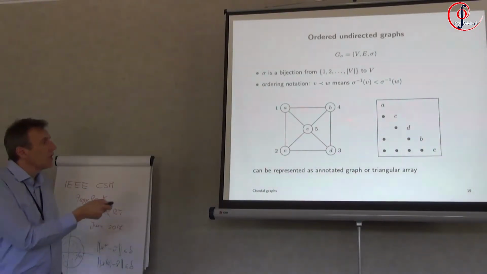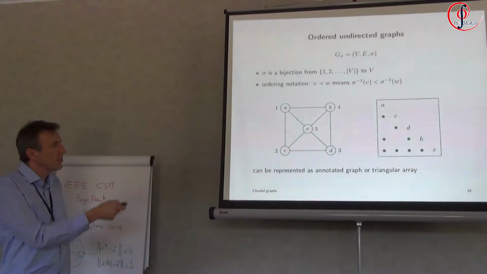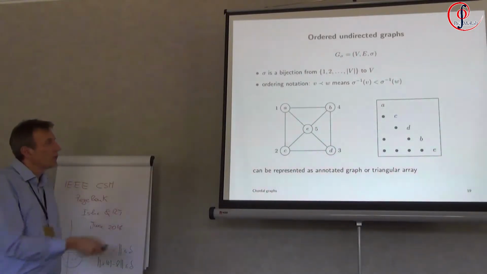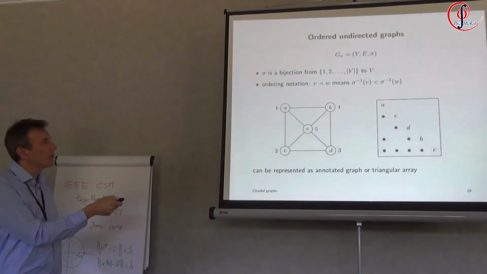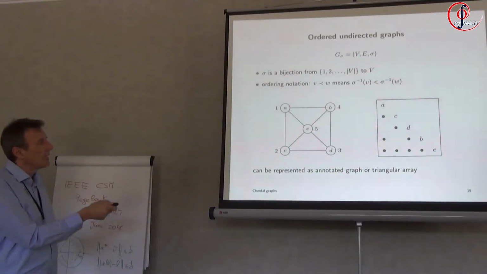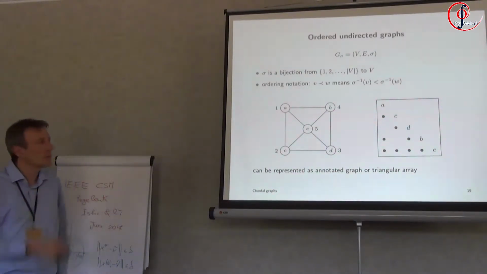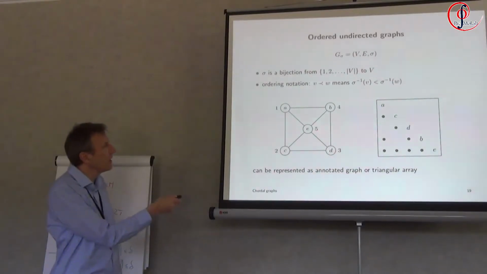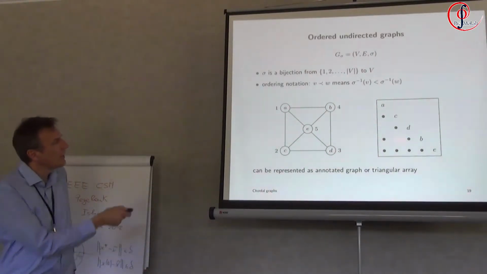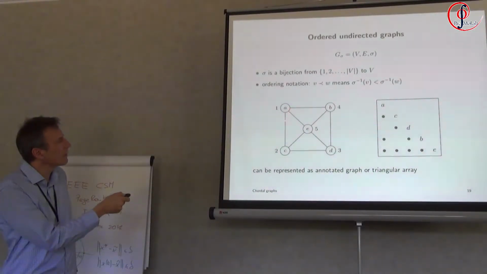That's useful. It's also useful to represent it as a table or an array. So if you use this representation, you put the vertices on the diagonal, in the order of the ordering. And then you put dots in the position of the two elements if they're connected. So here A, C, D, B, E is the ordering of the vertices. So A and C are connected.